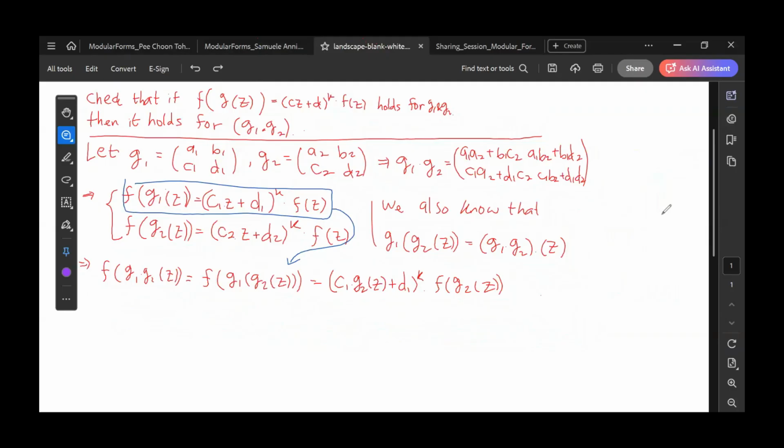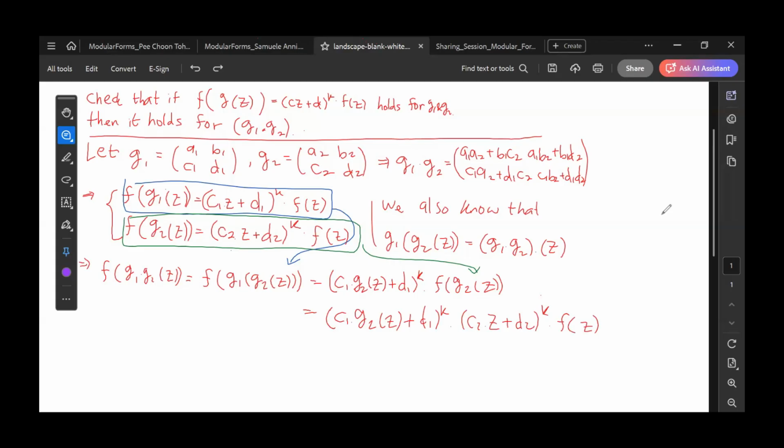Which means that now we use this. Here, we put the E1 and E3 plus E1 to the power of k times E2 plus E2 to the power of k times k.